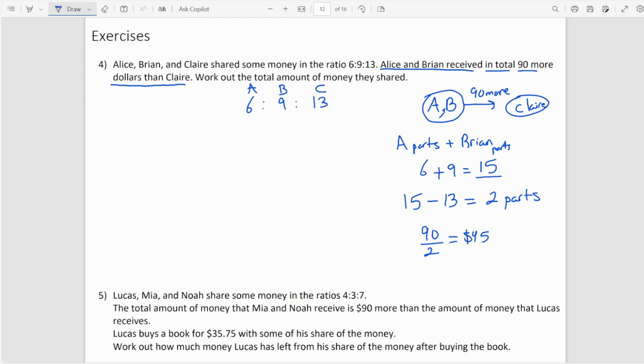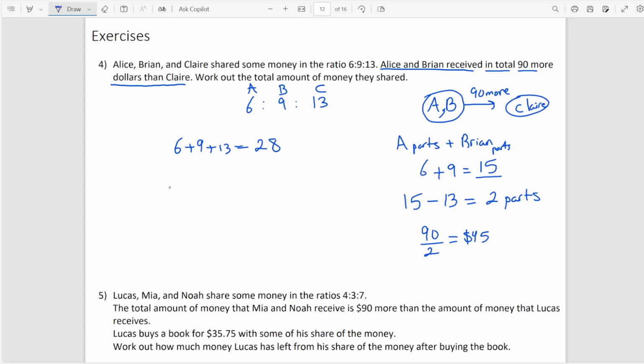Okay? So what is the total amount of money they shared? I will just simply go ahead and add all of their shares. So it's going to be 6 plus 9 plus 13, and this will give us 28.